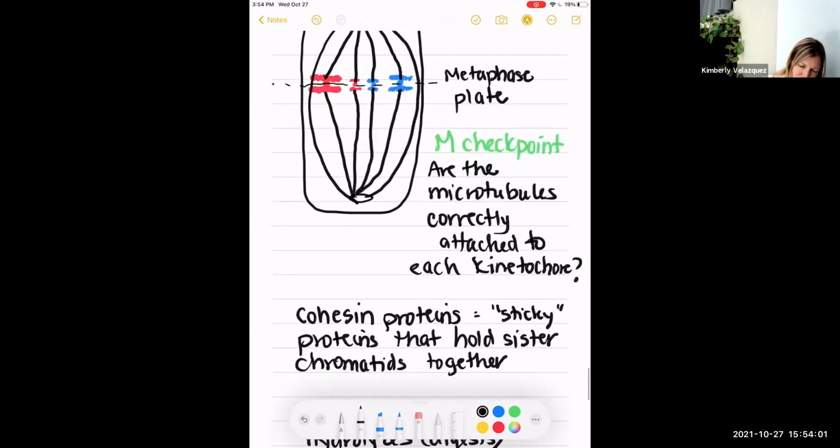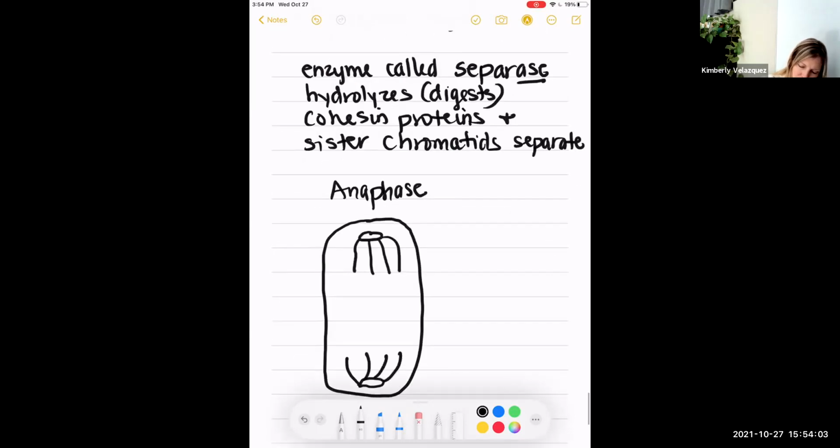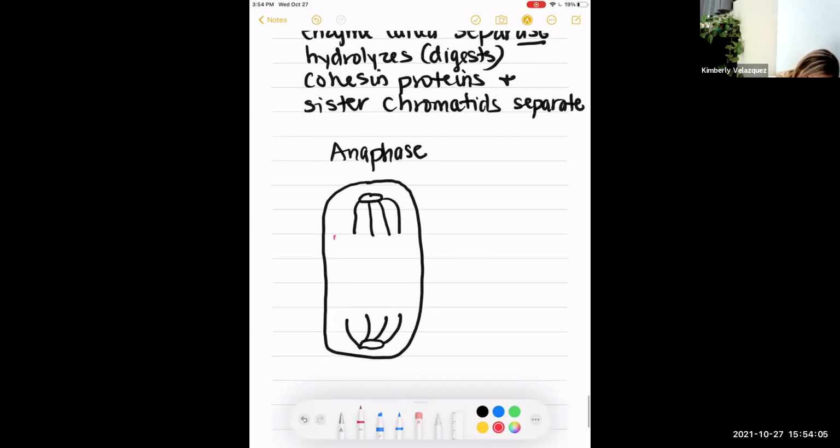Trying to remember which one I drew first. Red, red, blue, blue. Just trying to stay a little consistent here. One identical piece of DNA to each end of the cell.